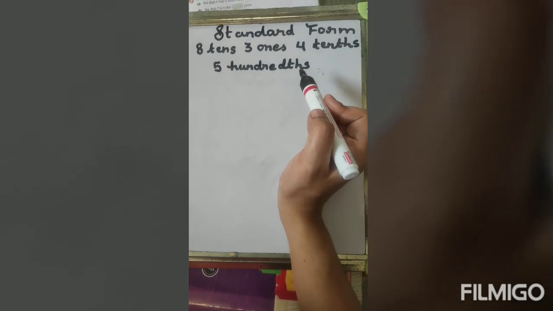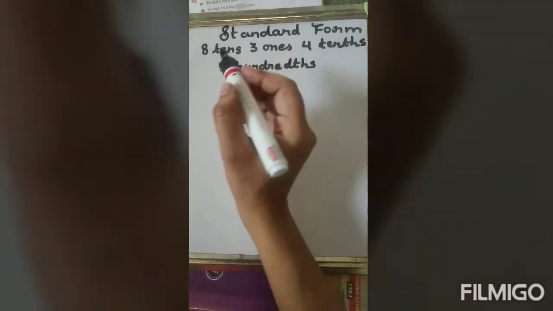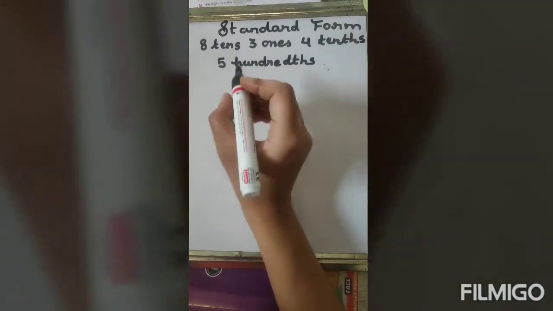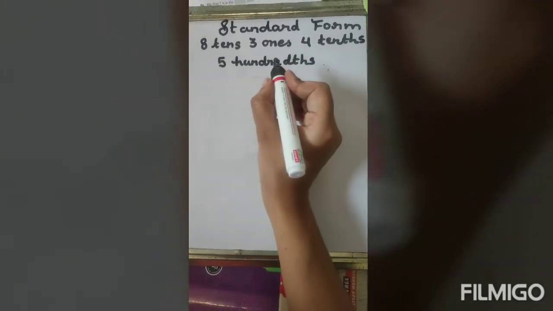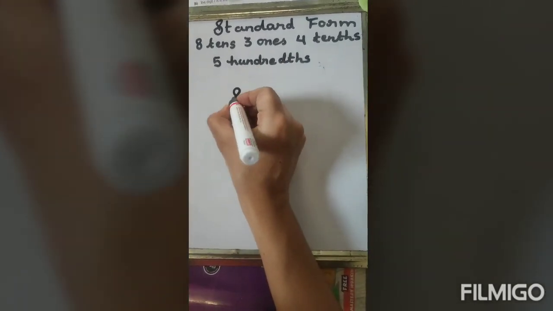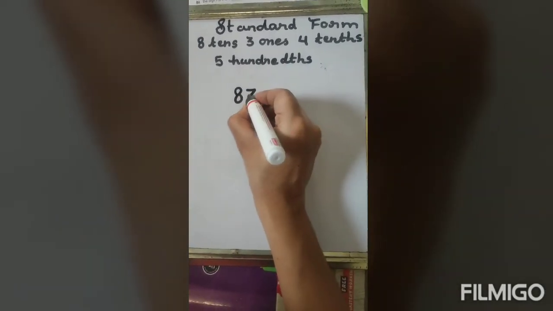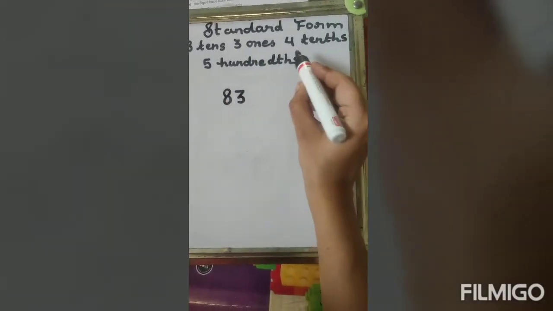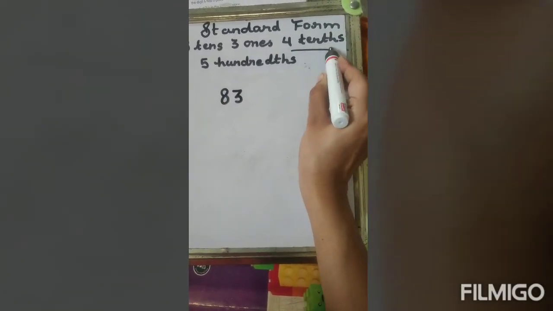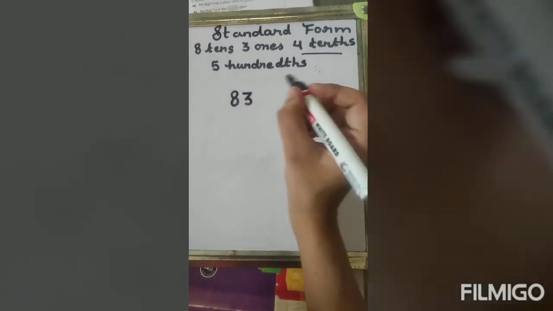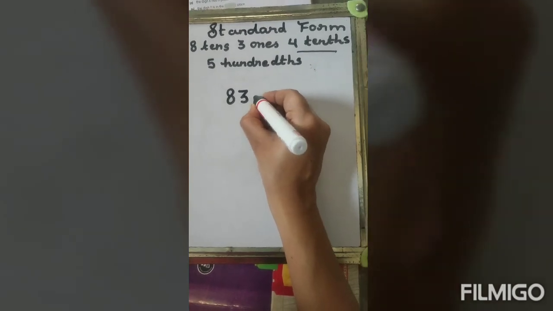Now we will look at how to write any decimal number which is given in expanded form. We will have to write it in standard form. So how many tens are here? 8 tens and 3 ones. It means that it will be 83. Now 4/10 means it is representing the decimal part. So we will be placing a point here.